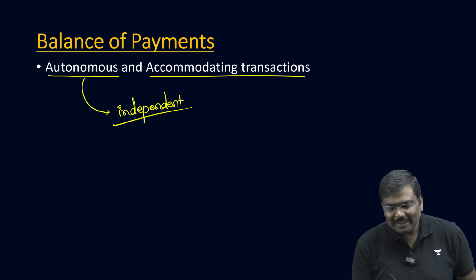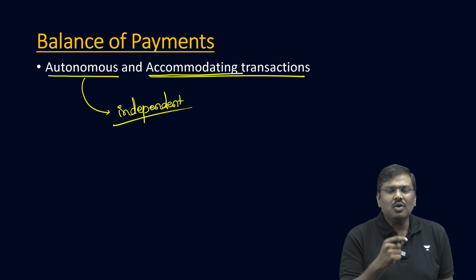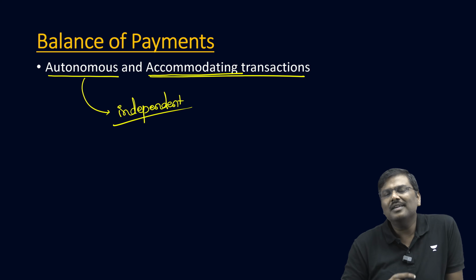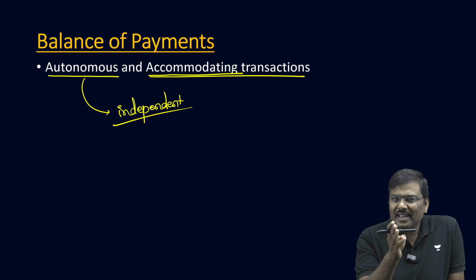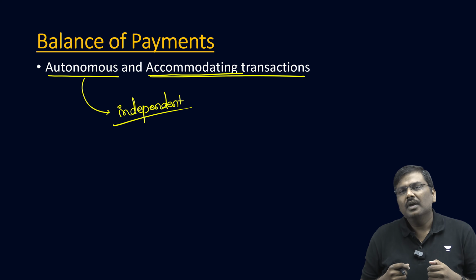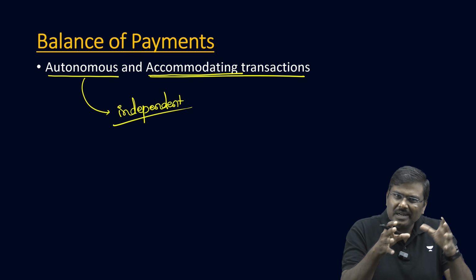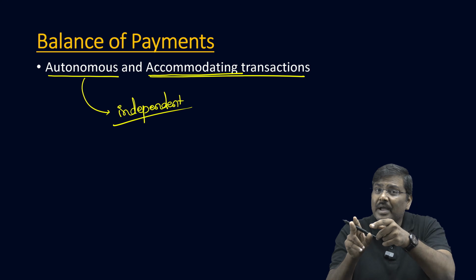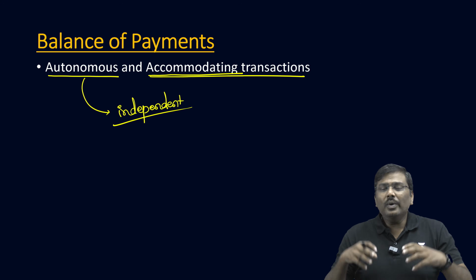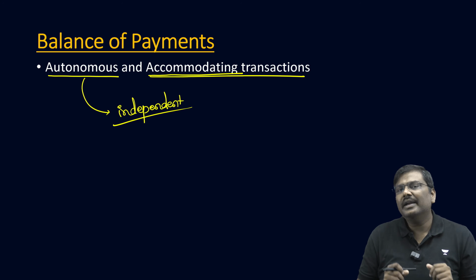On the other side, there is one more concept, accommodating transaction. What is this accommodating transaction? Let's say there is a BOP deficit. I told you just now, if there is a BOP deficit, it becomes the burden or the duty of the Reserve Bank of India to supply forex reserves, to ensure that there are sufficient forex reserves present in the market.